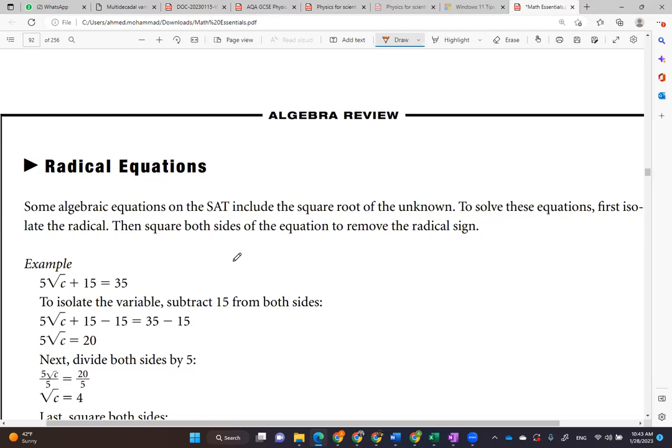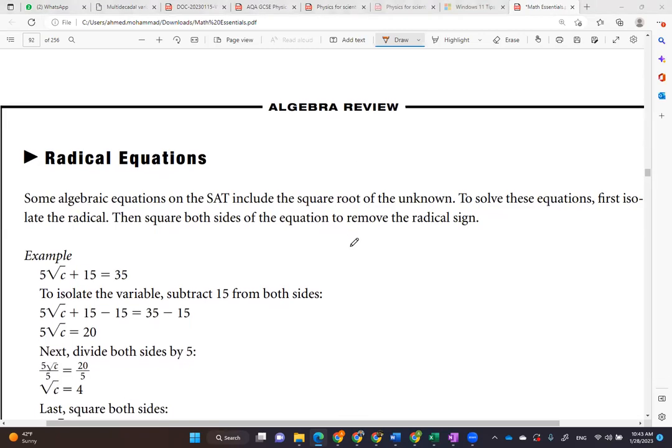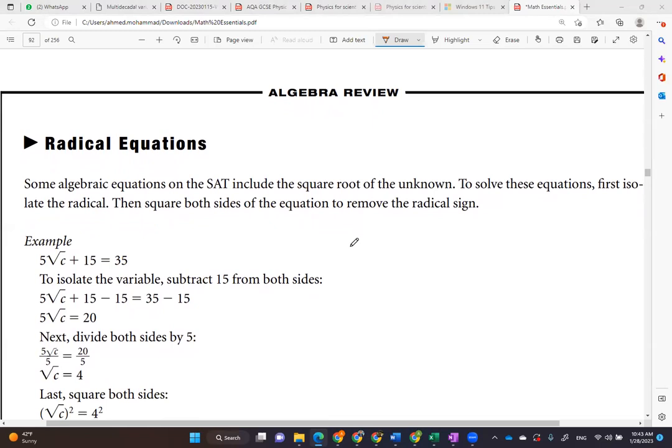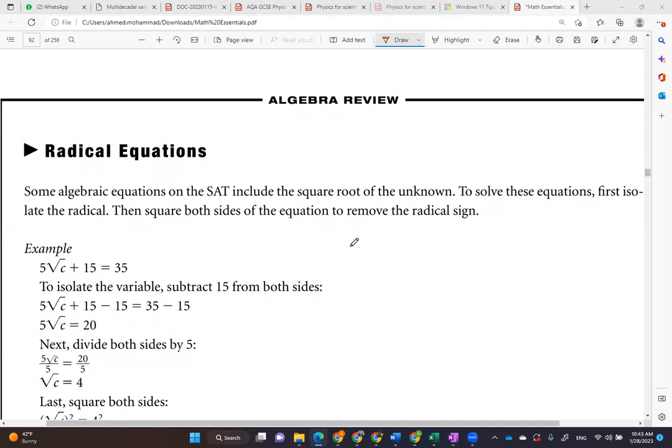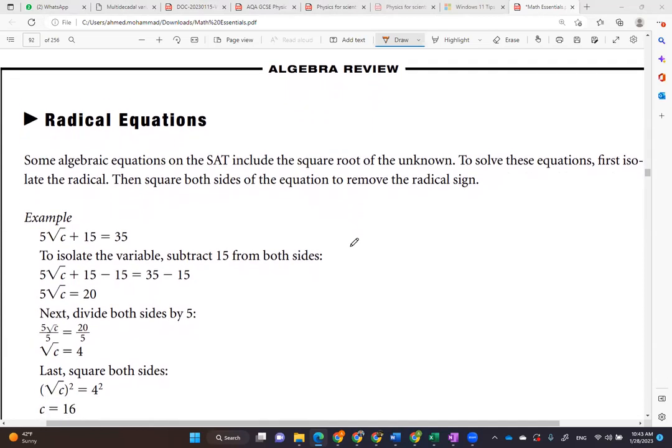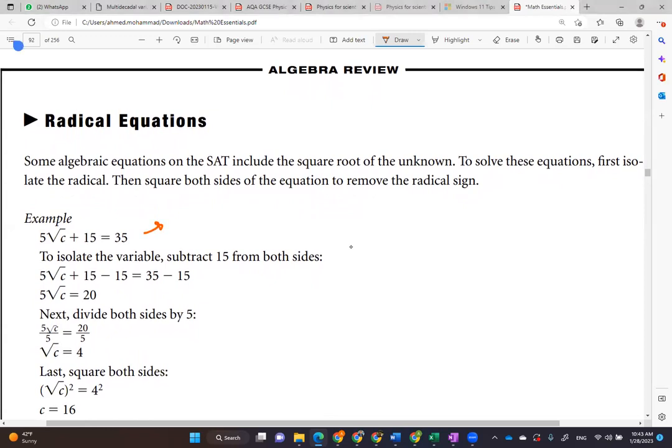Another form is the radical equation. Some algebraic equations on the SAT include the square root of the unknown. To solve this equation, first isolate the radical, then square both sides of the equation to remove the radical sign. If you have 5 square root of x plus 15 equals 35, you have to follow the rules. We need the radical part on one side and the other term on the other side.